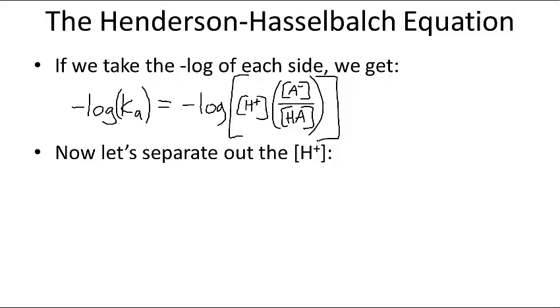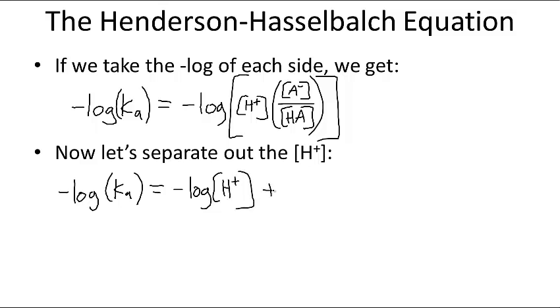So I get negative log of Ka equals negative log of H plus, minus log of A minus over HA.